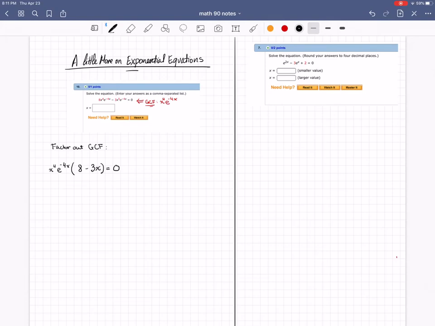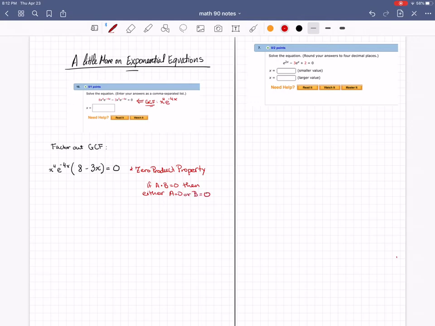And so now you've got the product of things equaling 0. So this is where we remember the zero product property. I'll remind you of it here: if two things multiply to 0, then either the one or the other of them must be 0.